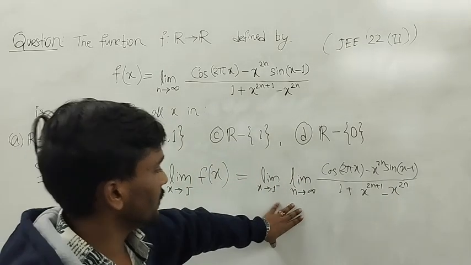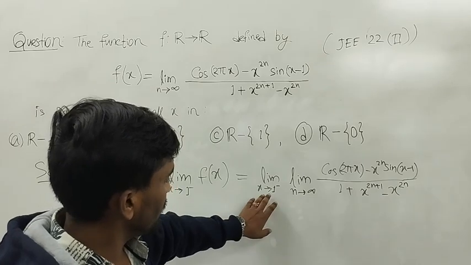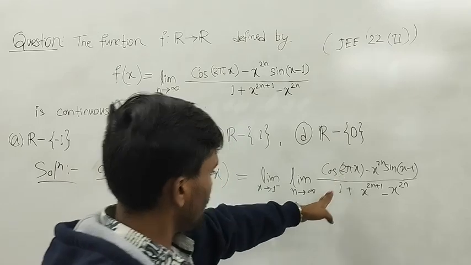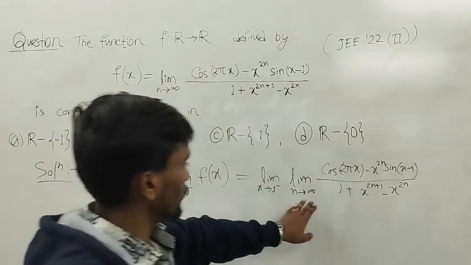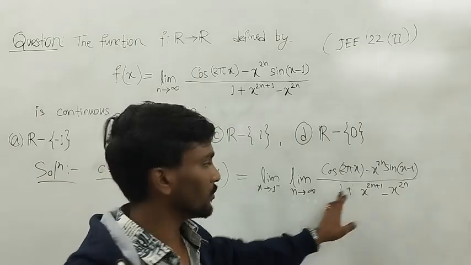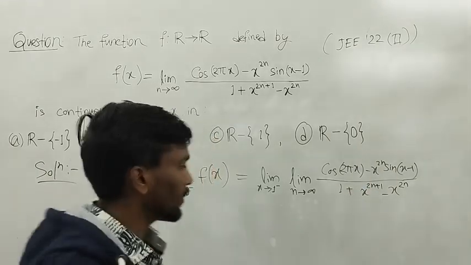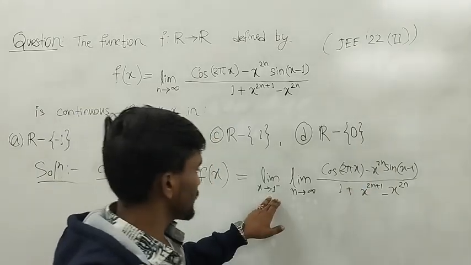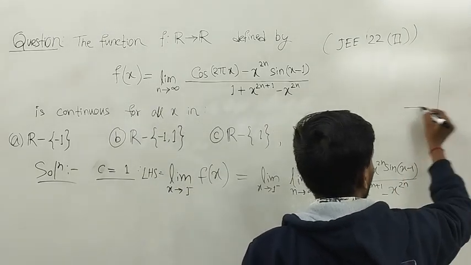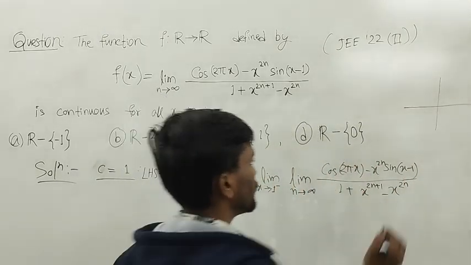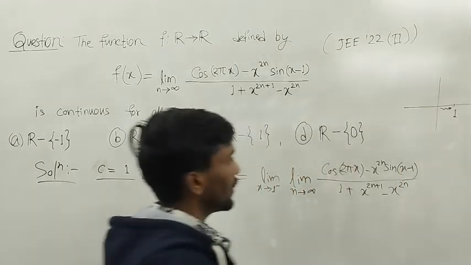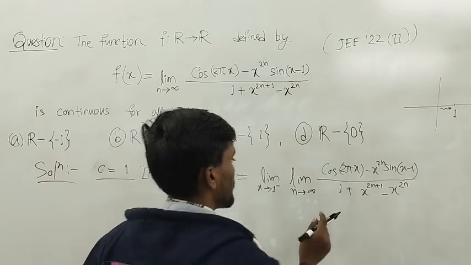So here we are observing that the limiting variables are n and x. First of all we'll see what will happen with this function when n tends to infinity. Also observe that x is coming from the left side of 1.